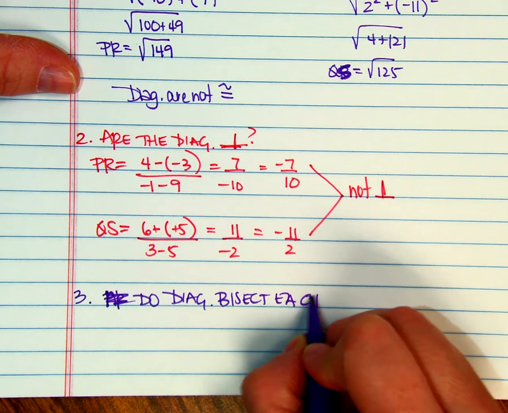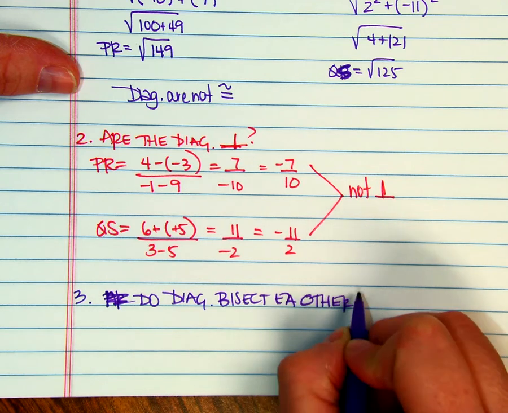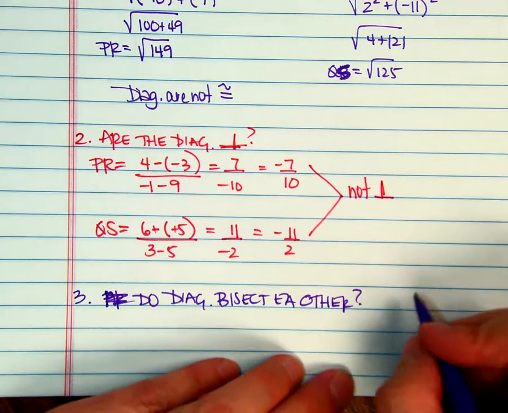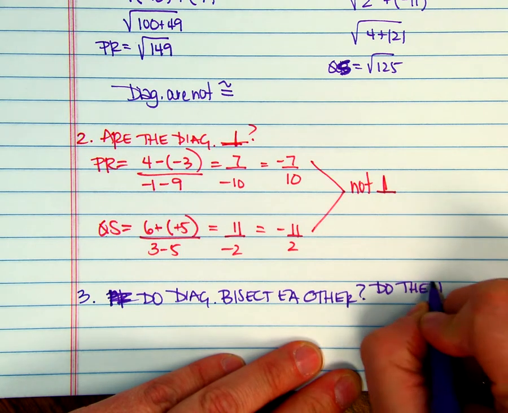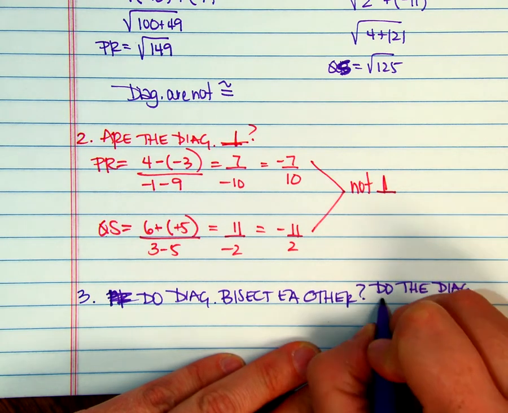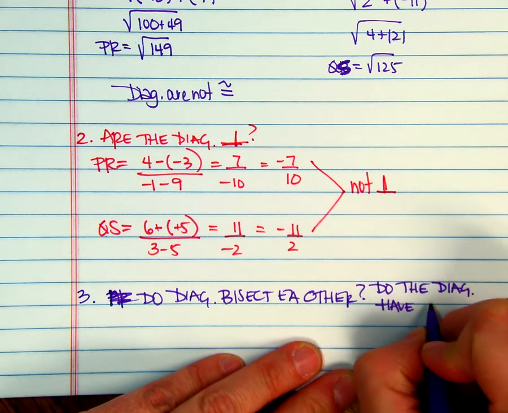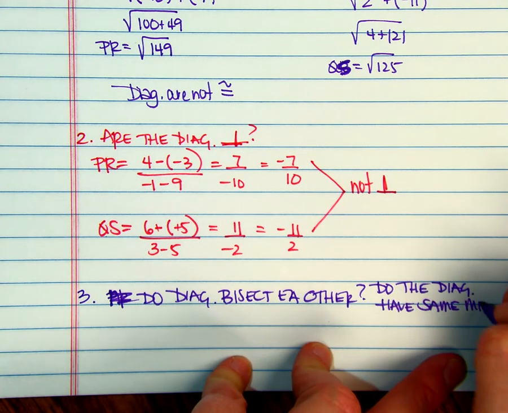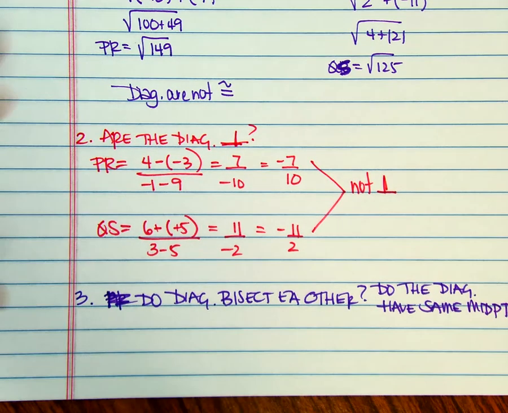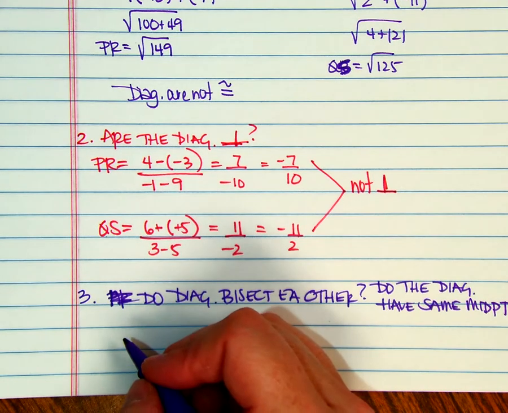What you're actually asking is, do the diagonals share the same midpoint?